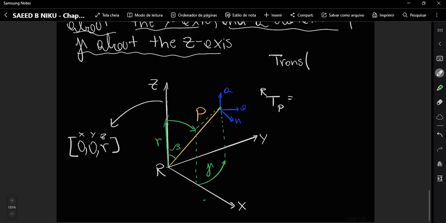It is a linear transformation. It goes only in the z direction, and we don't have any component on the y and on the x axis. So this translation we can write this way: 0, 0, R.